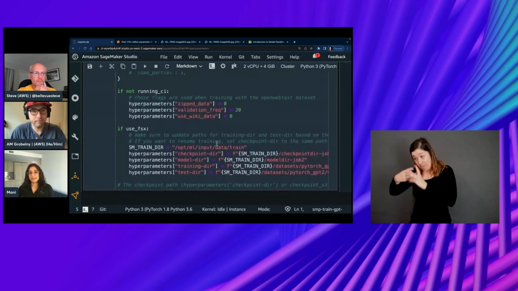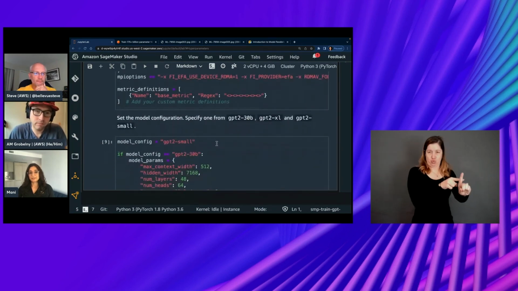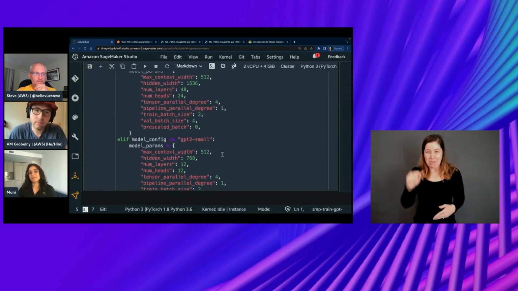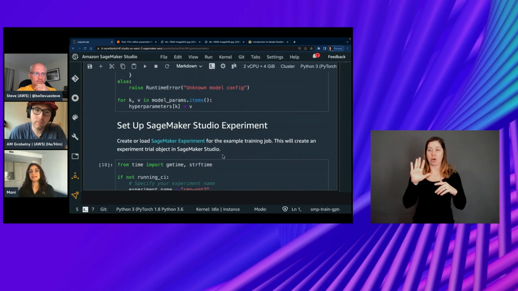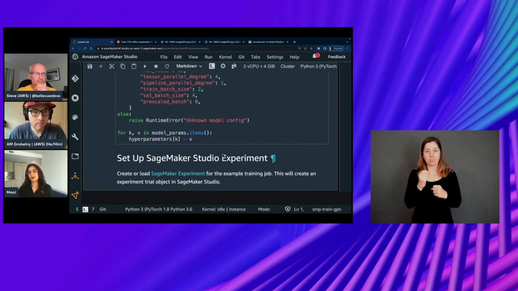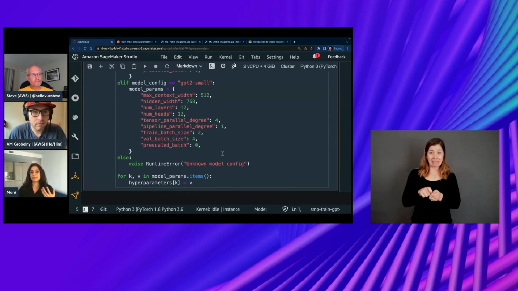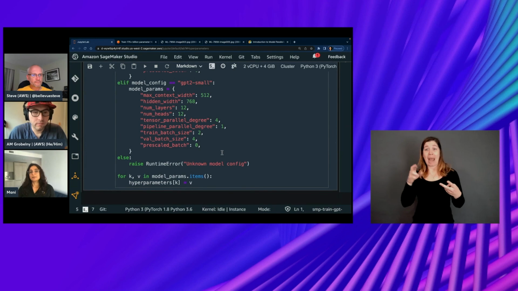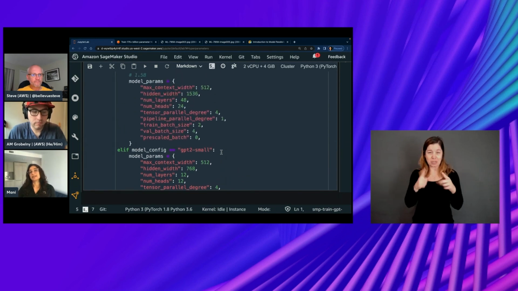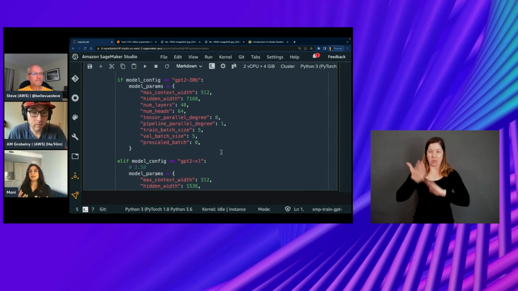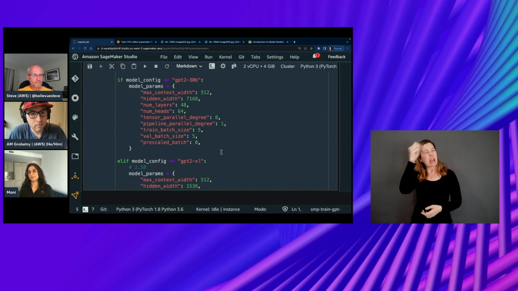Then you can define your tensor parallel degree and pipeline parallel degree that I already talked about, and your model parameters, and then define your training job and run it. There's a lot that goes into running a training job, specifying the experiment, your model parameters, your hyperparameters, and so on. But I hope that gives a good idea to our viewers of what memory saving techniques they can really use.